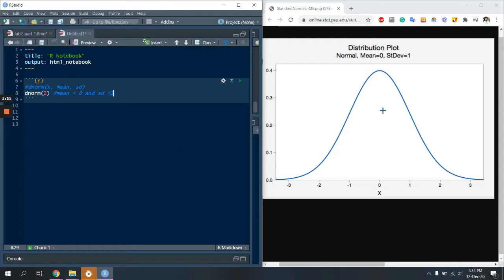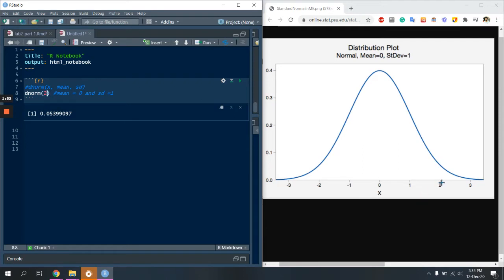This curve has mean 0 and standard deviation of 1. Now let us see the output of y for a given x of 2 from the normal distribution curve which has mean 0 and standard deviation of 1. Let's run it, and we see that dnorm of 2 equals 0.05.